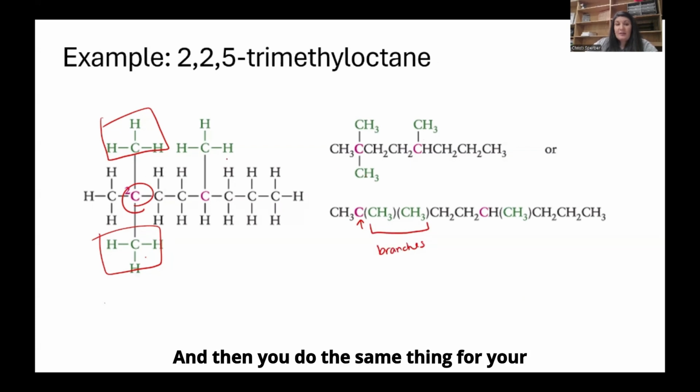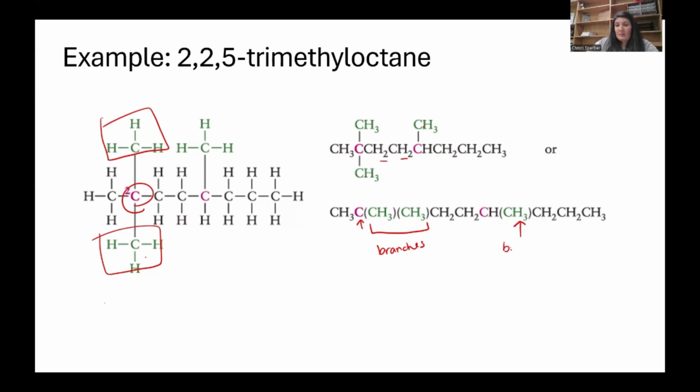And then you do the same thing for your next branch. So then you write your CH2s, your regular CH2, CH2 right here. And then you have your carbon branch to another methyl group and so forth. And your carbon, and this is another branch.